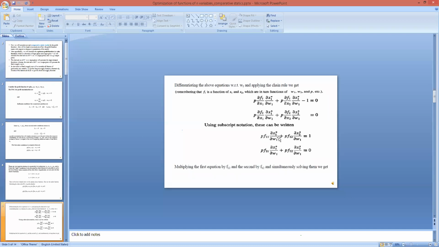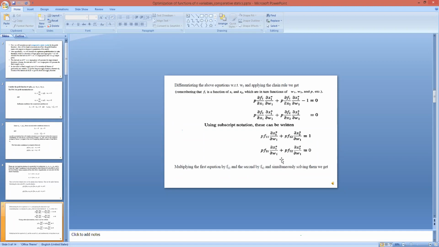So we are considering the change in x1 star with respect to change in its own price, and change in x2 star with respect to change in the price of x1. These two values we will get if we solve these two equations simultaneously.